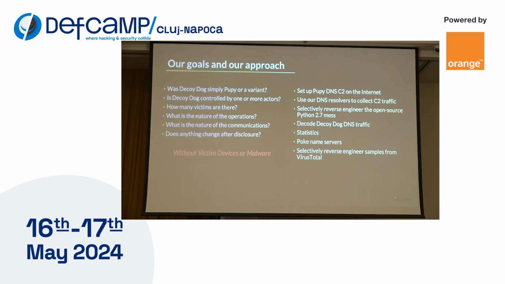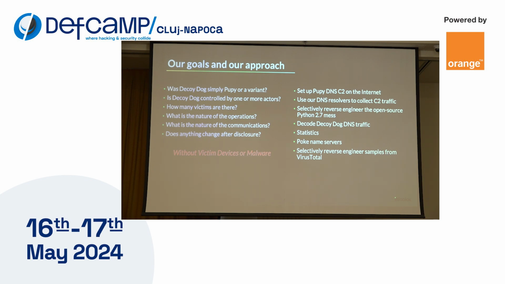What are they doing, what kind of communication is it, right? So what we did, we set up our own deployment of PAPI. We started to analyze the DNS traffic generated by this PAPI RAT to have a comparison.